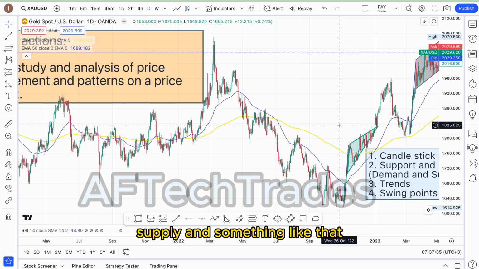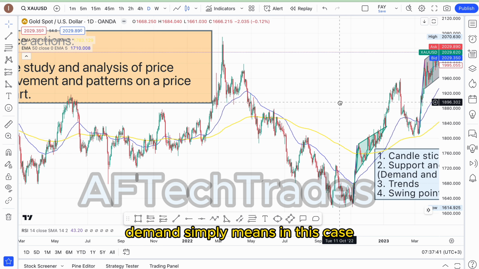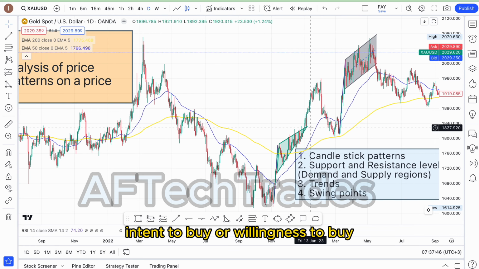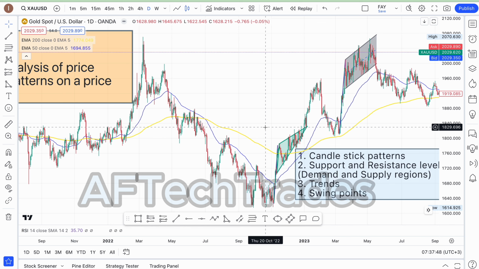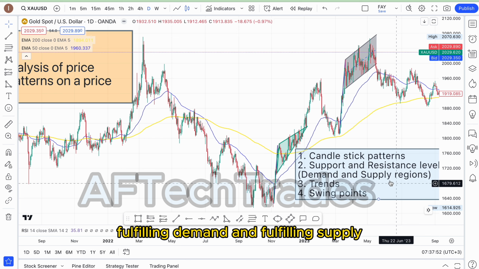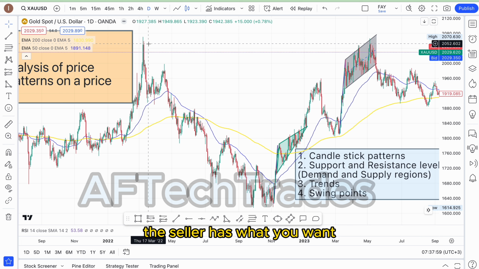In this context, demand simply means intent to buy or willingness to buy. Fulfilling demand, that's the right word, and fulfilling supply. To fulfill a supply is that the seller has what you want to buy and is able to deliver that.